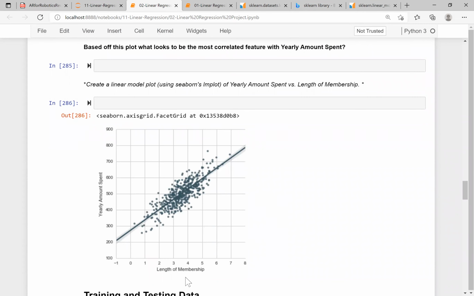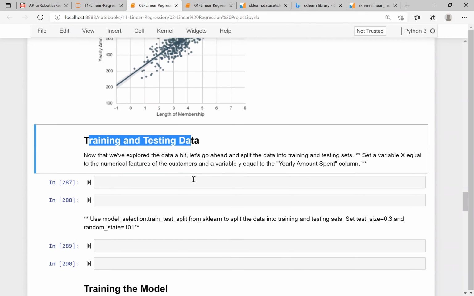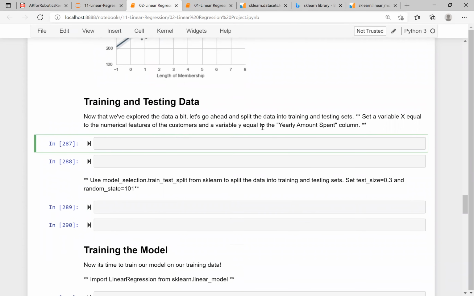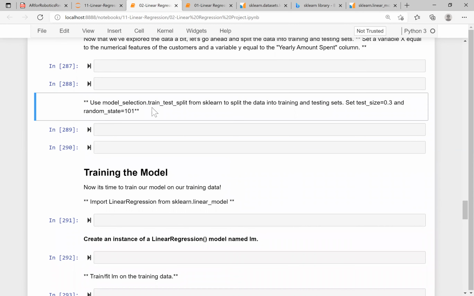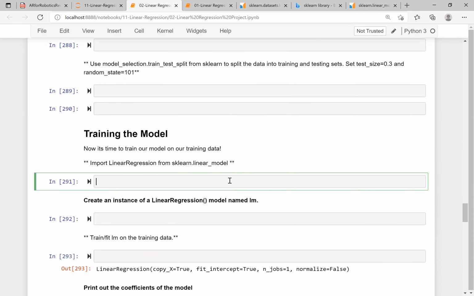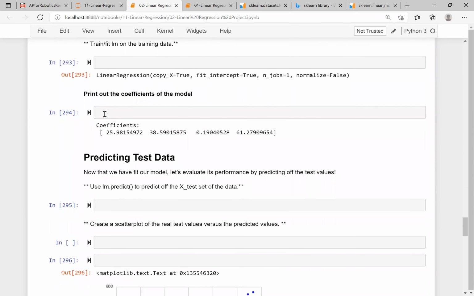You get a hint from here: length of membership and yearly amount spent. Before splitting, define your x variable and your y variable, right? Maybe use model selection's train test split to split your data, then create an instance of your model and train it. Just keep following the instructions and you get an output like this.